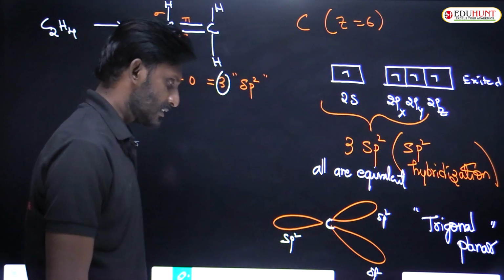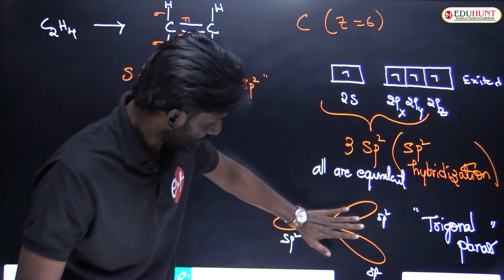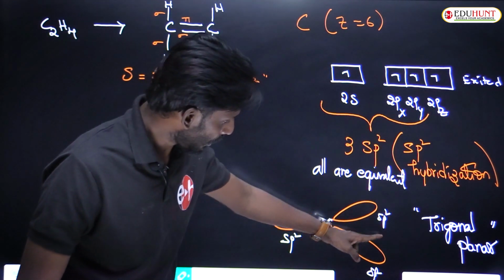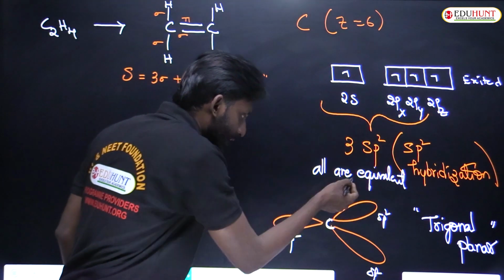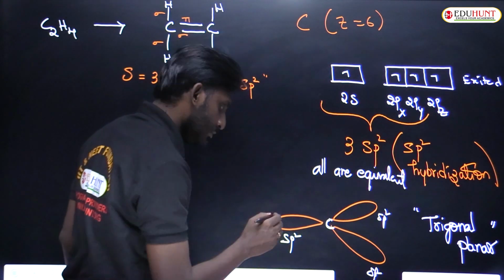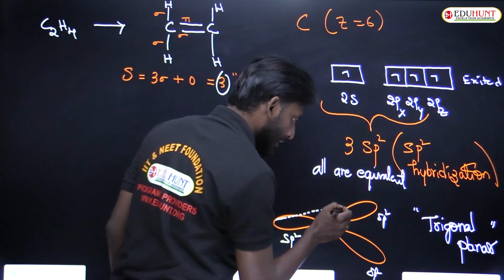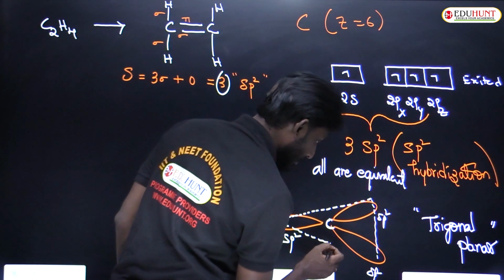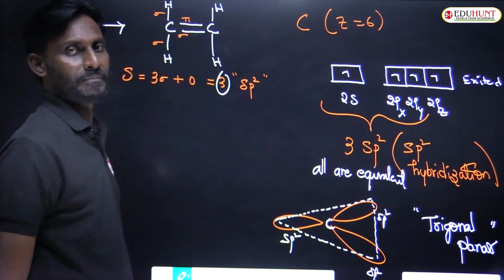It may look like this on the blackboard, but you have to imagine this is planar. All these 3 are planar, triangularly planar. If you draw imaginary lines from this point to this point, you can understand. All the sp2 hybrid orbitals are in one plane only.